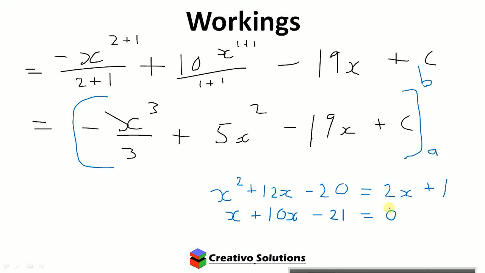So now we go factors of 10? Not 21, factors of 21. Ooh, this is that rusty bit. Is it the factors of 21 or 10? When you FOIL something, what must you do? You need to times the first and the last. So it's the factors of 21.